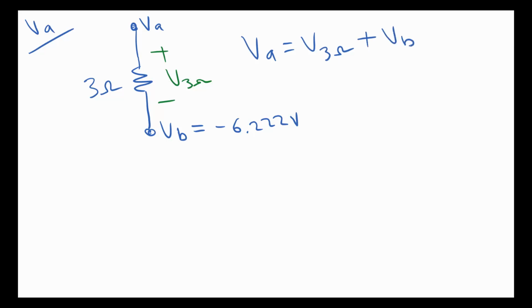Okay? So now what else do we know? We know the mesh currents. Going in this direction we have I2, and that is equal to 2 amps. And then going down we have I1, and that is equal to minus 3.5 amps.